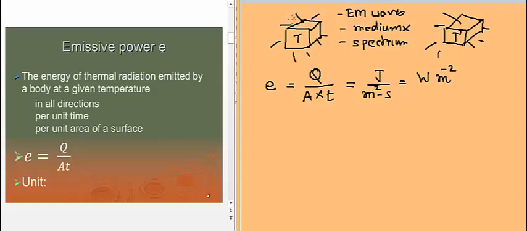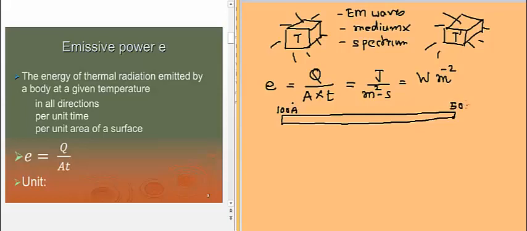Now, if I take this object and look at its radiation in more detail, what I'll observe is that there's an entire range of wavelengths. Probably the radiation that it is emitting is between 100 angstrom wavelength to say 500 angstrom wavelength. So this would be say 200, 300 and 400 angstroms.